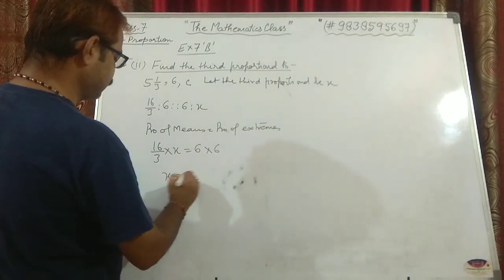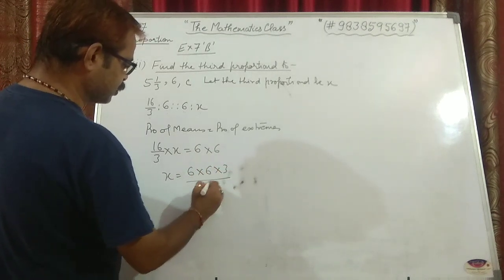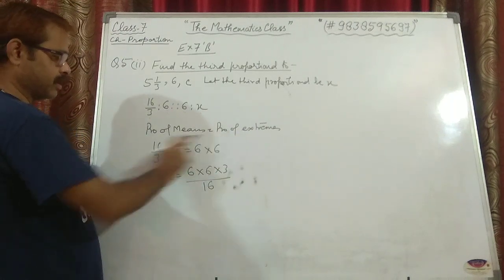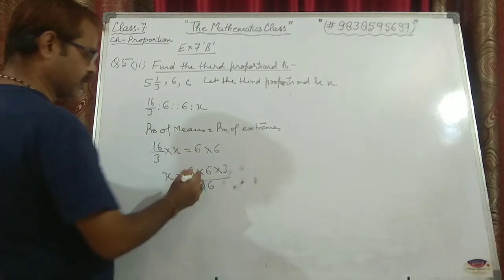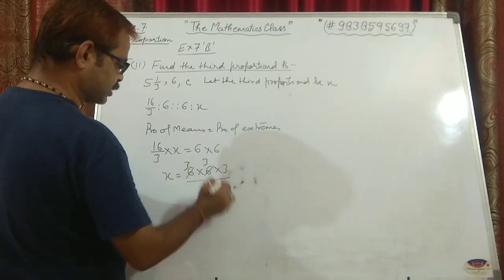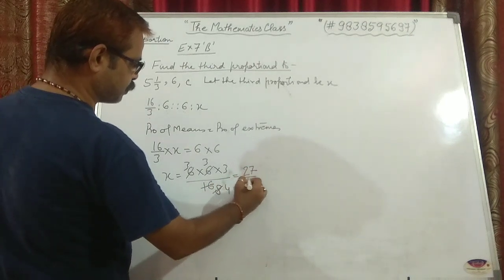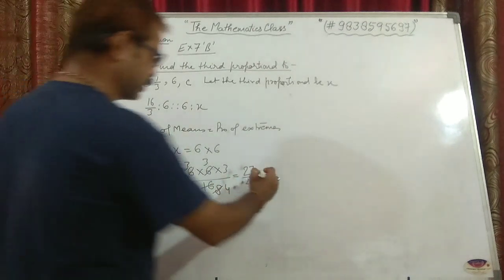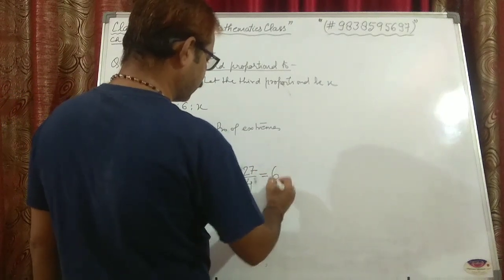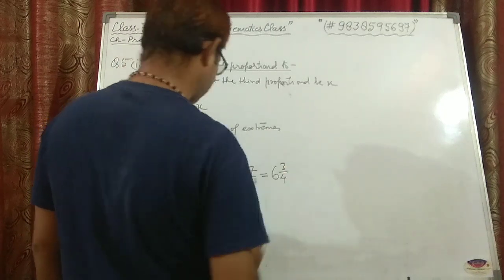It means X can be written as 6 into 6 into 3 upon 16. This 3 goes to this side and becomes numerator, and 16 comes in denominator. Now 2 3s are 6, 2 8s are 16. 2 3s are 6, 2 4s are 8, 3 3s are 9, 3 9s are 27 upon 4. So this can be written as 4 6s are 24, whole 6 and 3 upon 4.